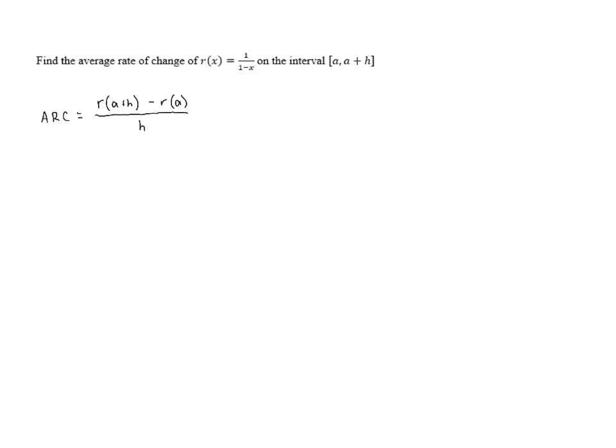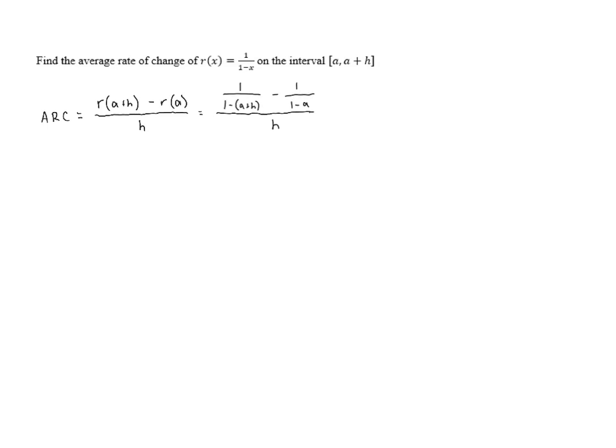all over h. When we substitute in a plus h and a for our function, this gives us 1 over 1 minus the quantity a plus h, minus 1 over 1 minus a, all over h.